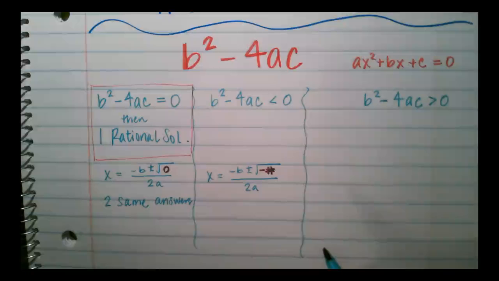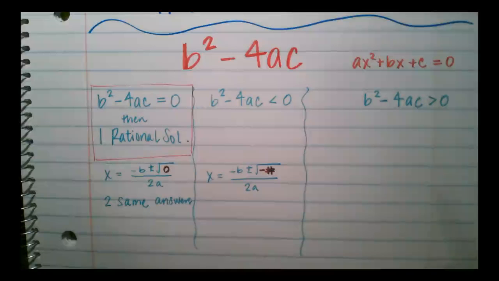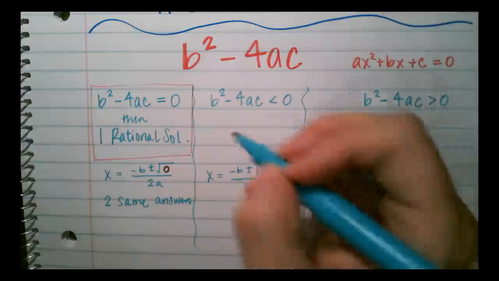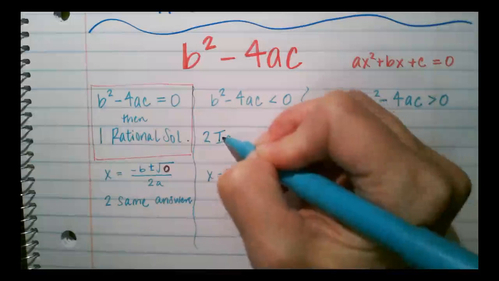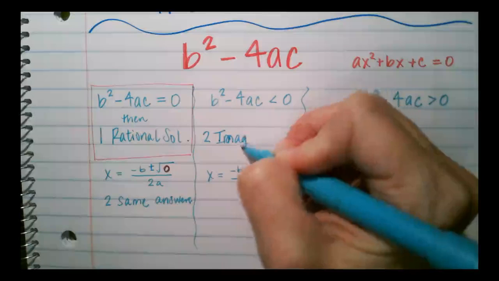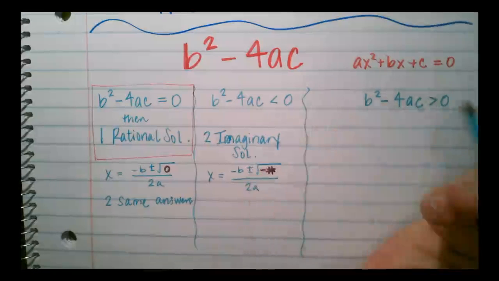So if you need to think about that for a minute, there's no way for this to work in our real number system. So what that means is that you'll get two answers, but they will be two imaginary solutions.